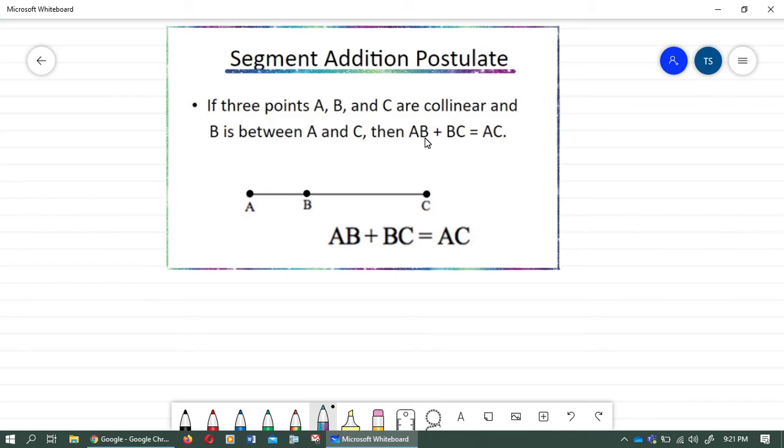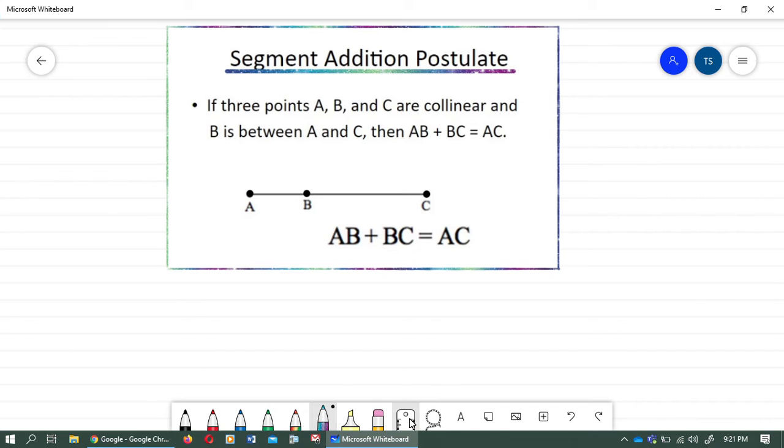The length of segment AB plus the length of segment BC is equal to the length of segment AC. Okay? That's the segment addition postulate.